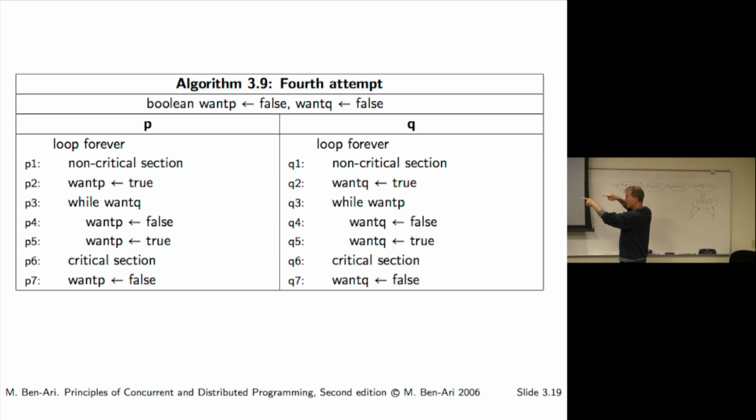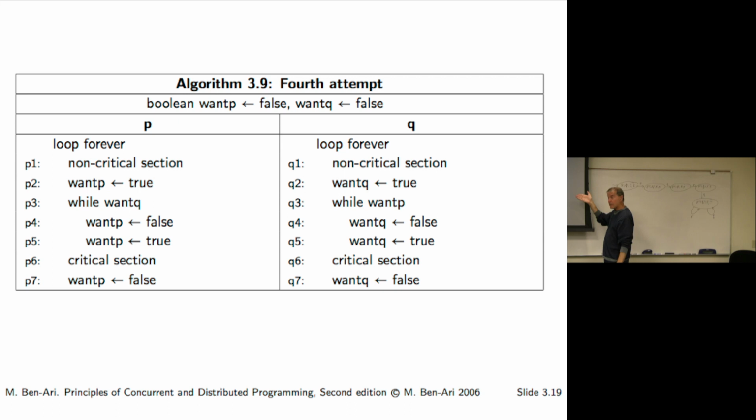They would both be in there, while want P and while want Q, right? And so what would happen would be P4, Q4, P5, Q5, P3, Q3, P4, Q4, P5, Q5, and they could just keep going like that, and then you could get starvation.